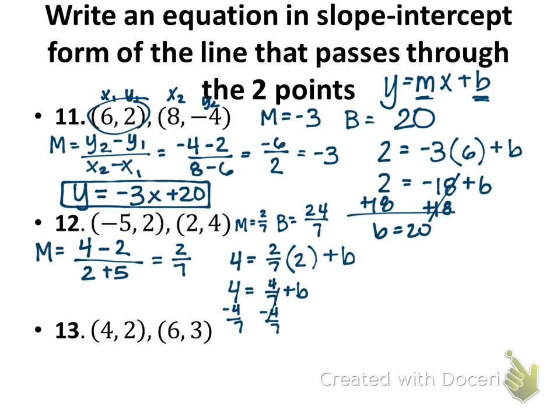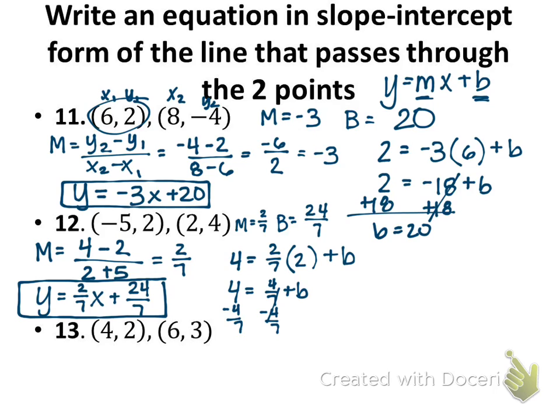That would be something that you would probably want to plug in your calculator because you're going to have common denominators and everything like that. It's not just going to be -4 and 4/7. It doesn't work like that, okay? So how would I write my final answer? Y equals negative 2 sevenths x plus 24 over 7.